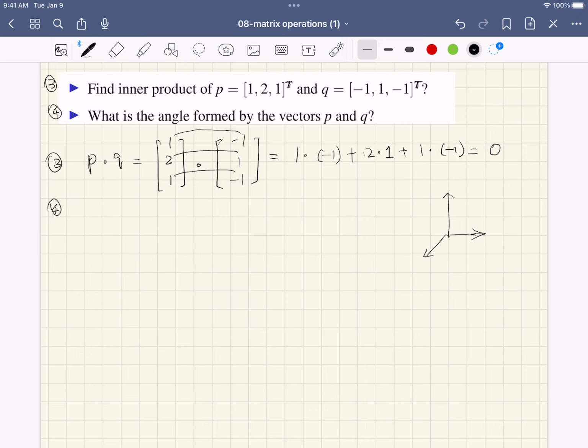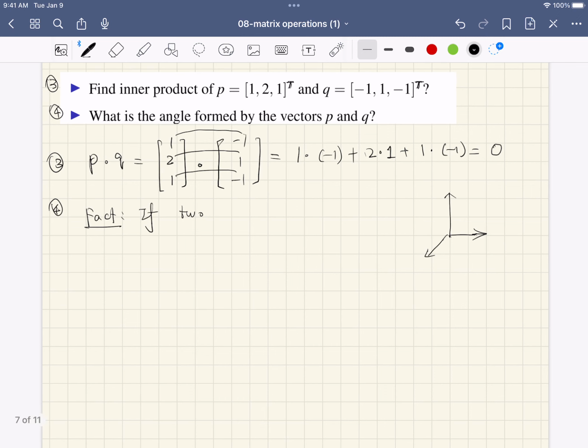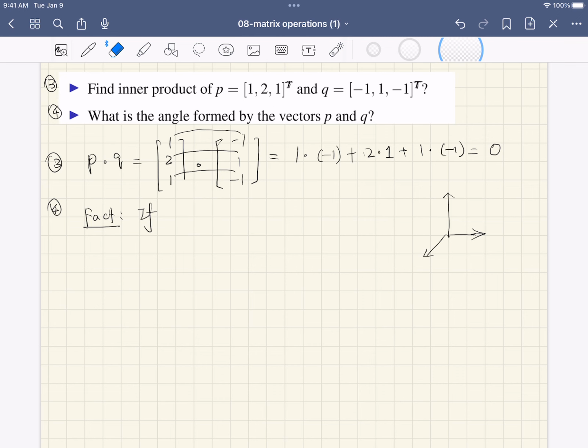But one fact tells what the angle formed by P and Q is. The fact is that if the inner product of two vectors is 0, then they are orthogonal to each other or perpendicular to each other.